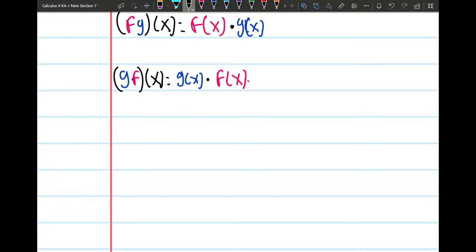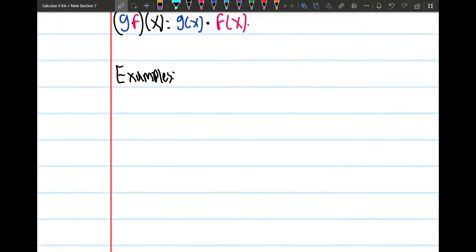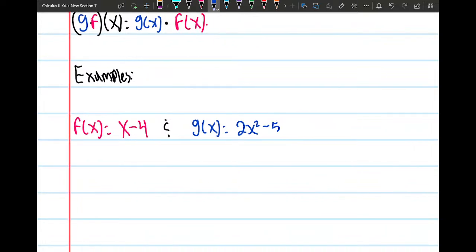So, doing some examples. If I have f of x equal to, let's say, x minus 4, and g of x, let's say, is 2x squared minus 5x plus 6.